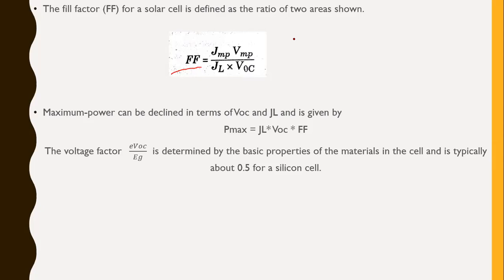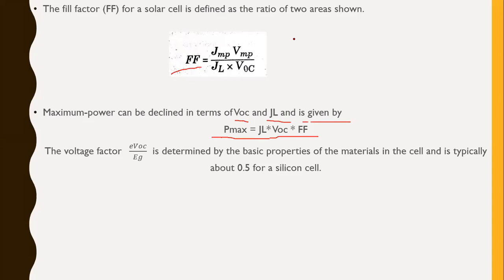Solar cell designers try their maximum effort to increase the fill factor values, and also try to minimize the internal losses. The maximum power can be defined in terms of VOC and JL: maximum power is equal to JL into VOC into fill factor.